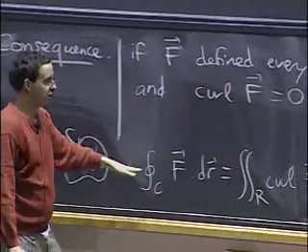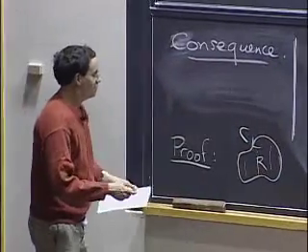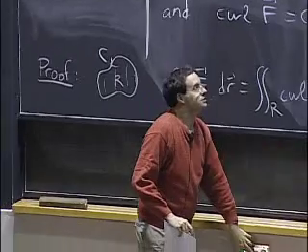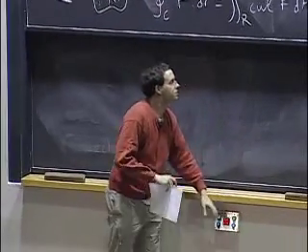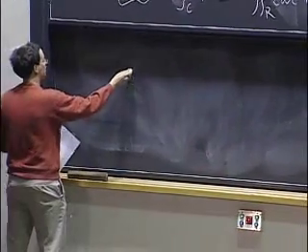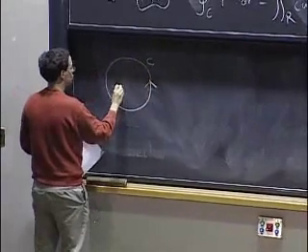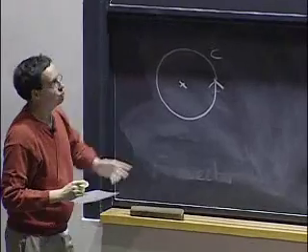So what goes wrong with this argument? Well, if I take the vector field that was on the problem set, and I look at the unit circle, that's a closed curve. So I would like to use Green's theorem.